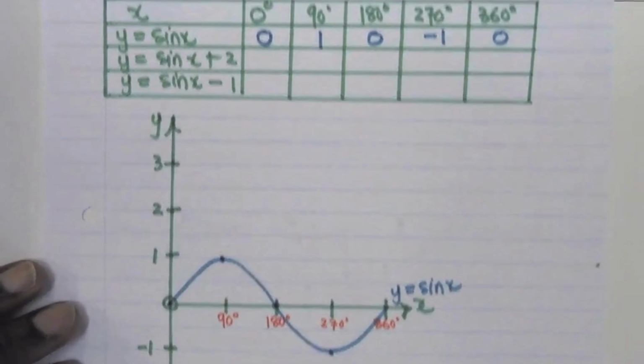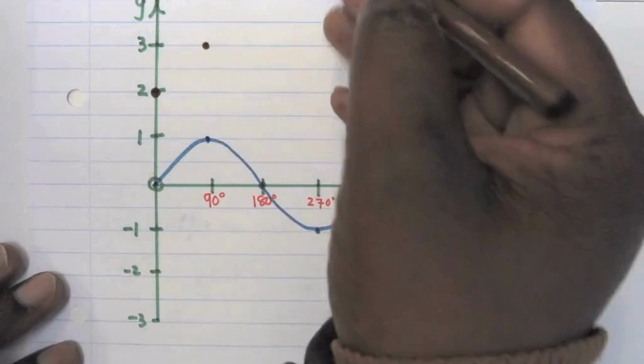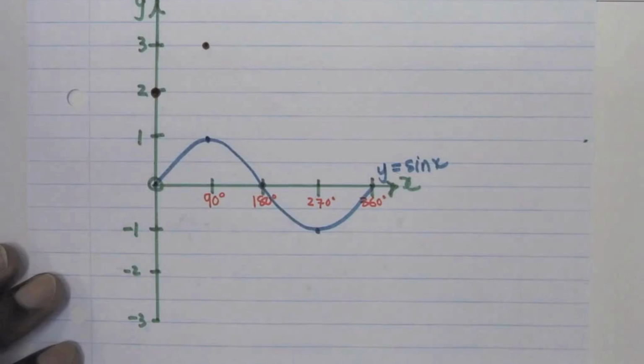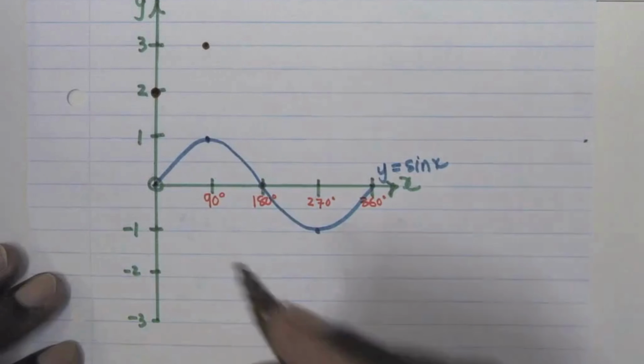I'm starting here at 2 when x is 0, and then this one here is giving me 3 when x is equal to 90 degrees, and then at 180, I'm getting a 2, and then at 270, I have 1 from my table of values, and then at 360, I have 2.